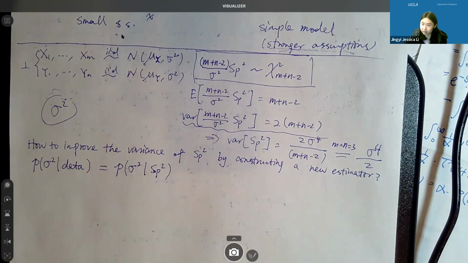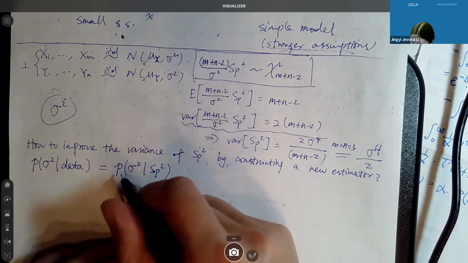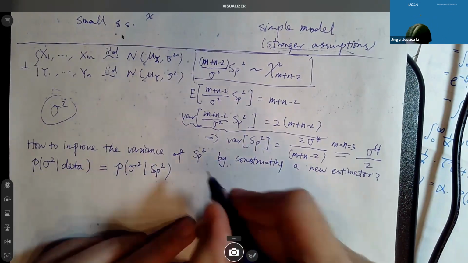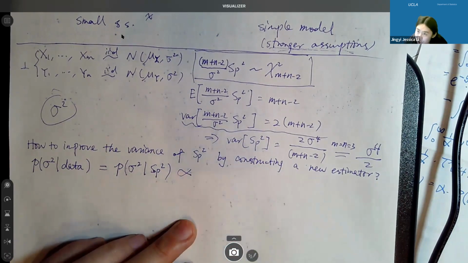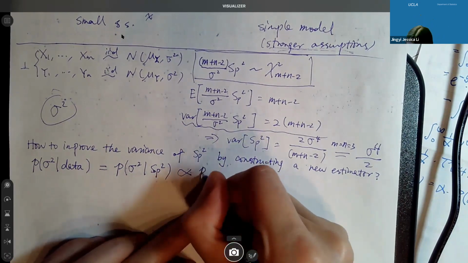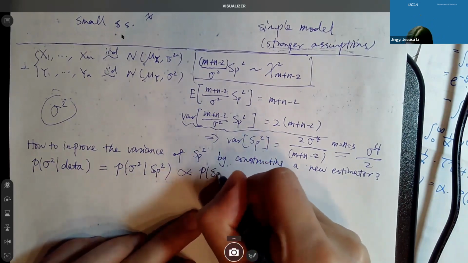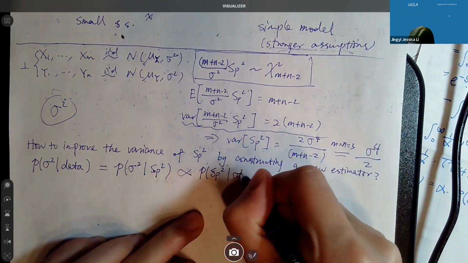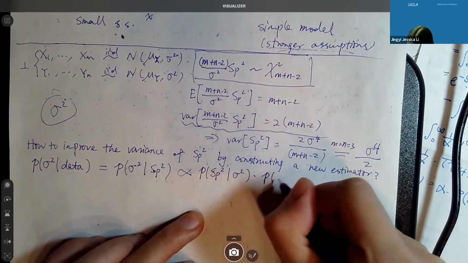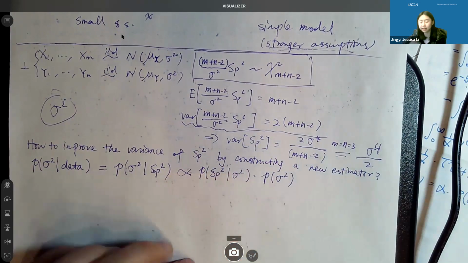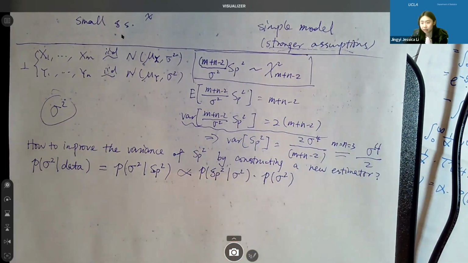Okay, then how to derive this? Based on the Bayes rule, and this small p means the density function, it's proportional to the density of SP square conditioned on sigma square times the prior density of sigma square, right? That's by the Bayes rule.